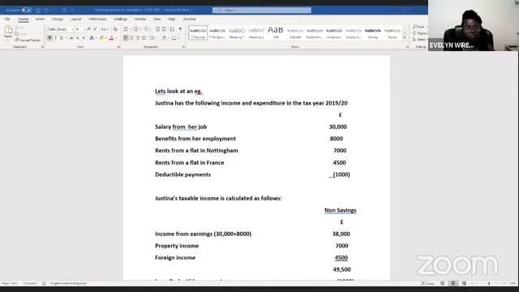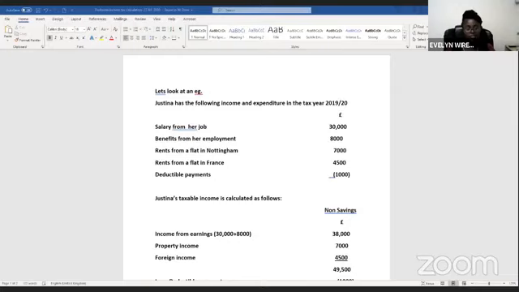This will give a total of Justina's taxable income calculated as follows. You see the earnings, the 30,000 from her salary, and then the benefits will give you 38,000. Then we add the property income from the flat in Nottingham, which is 7,000.